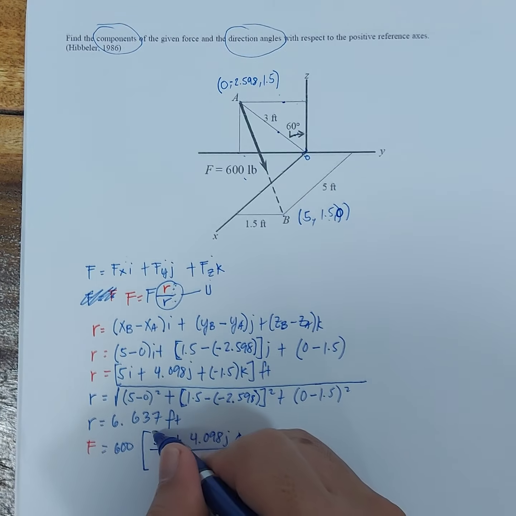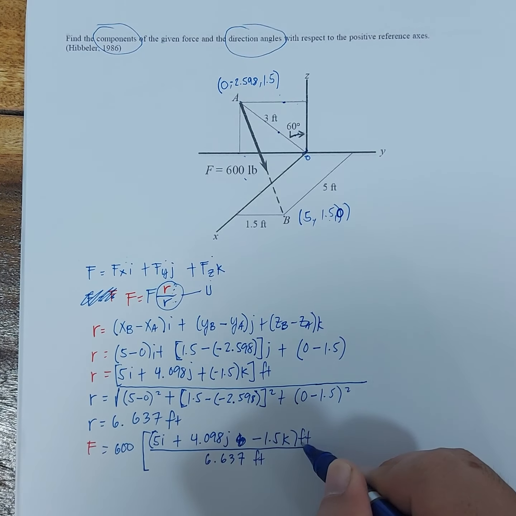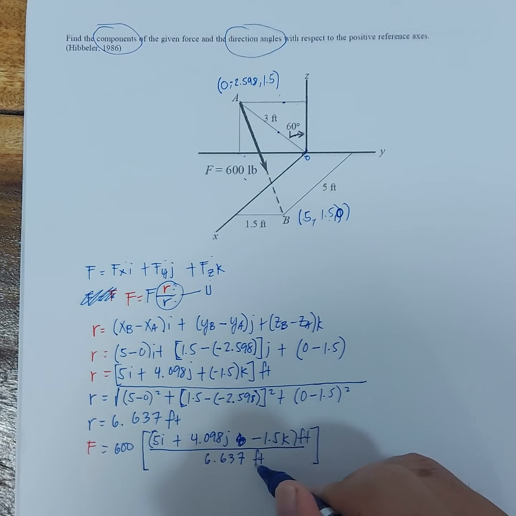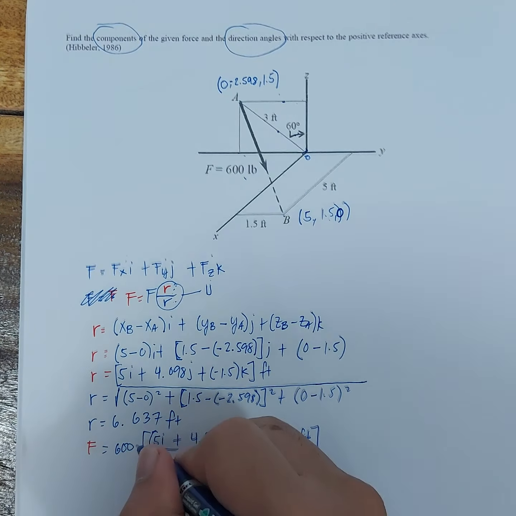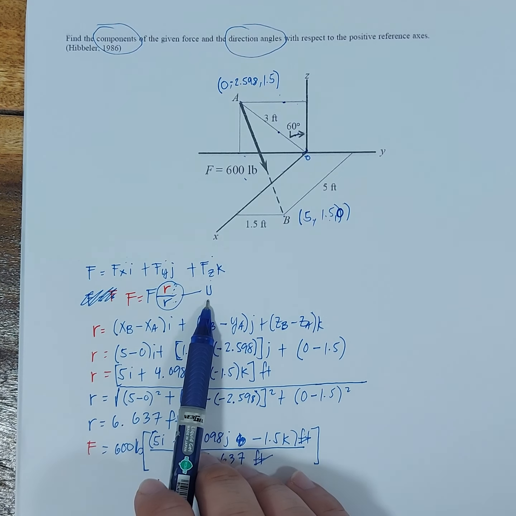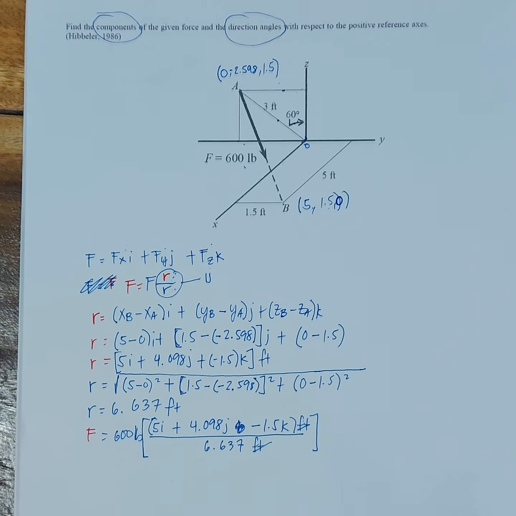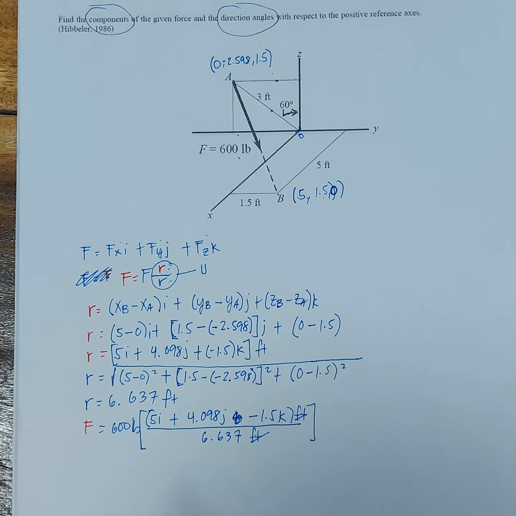So remember, this is in feet, and this is also in feet, so they cancel. So this is in pounds. 600 pounds. So our unit vector u is a unitless or dimensionless quantity. So we're left with pounds as the unit for the Cartesian vector form of the force.